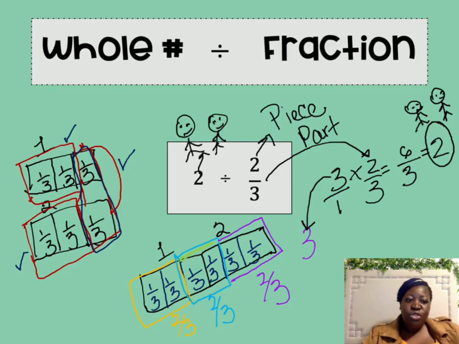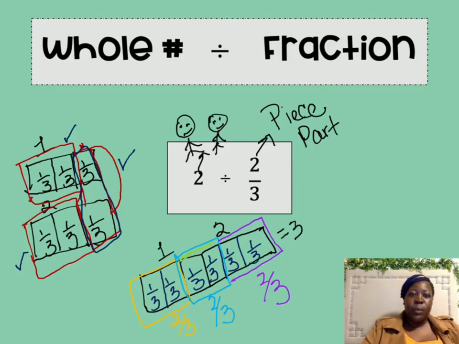Also, I want to show you something that is so neat, and that is the cool thing about math. There are so many ways to solve a problem. Let's erase some stuff. We know that the inverse of division is multiplication.